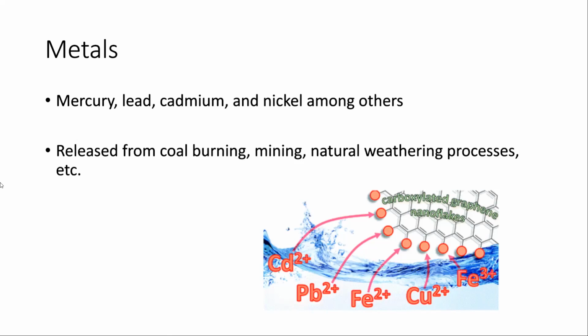And with these, we're thinking particularly about mercury and lead. Going to be two big ones, going to be able to bioaccumulate, as will cadmium and nickel, but mostly you hear about mercury and lead. Those are going to be two big ones because those will attack the nervous system and also affect the cognitive abilities of the person being exposed.